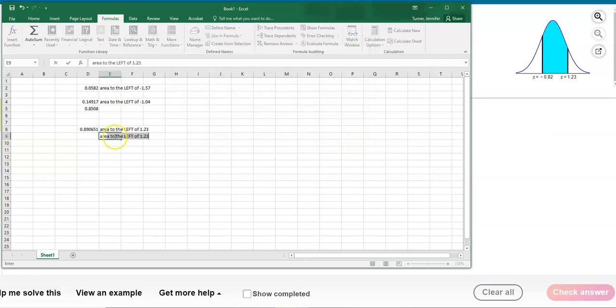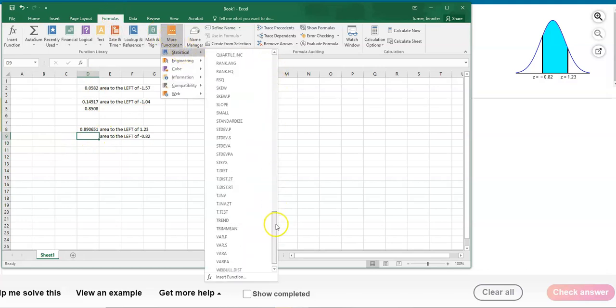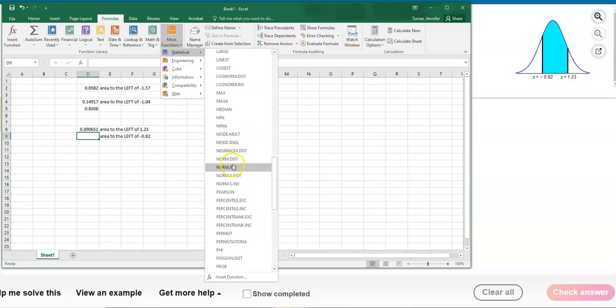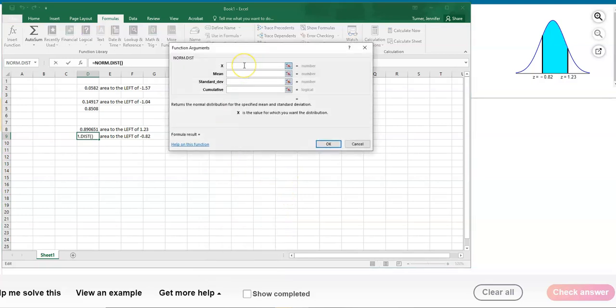Now we can find the area to the left of the negative 0.82. That's going to be formulas, more functions, statistical, norm dist. This time negative 0.82 is the x, the mean is 0, the standard deviation is 1, cumulative is true.